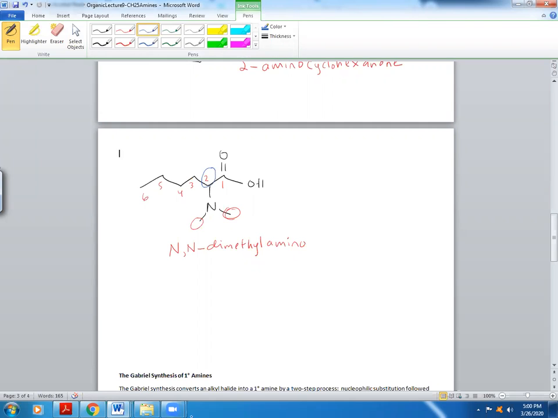So you put this in parentheses, and you say 2-(N,N-dimethylamino), okay? And then what? Hexanoic acid.